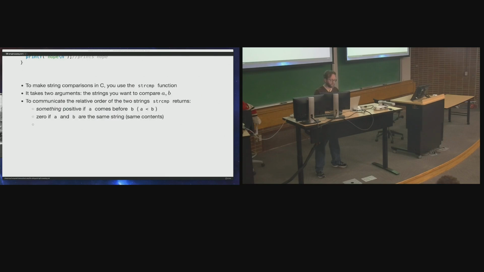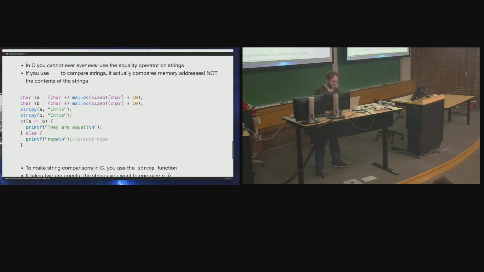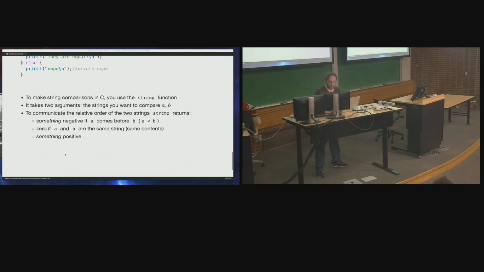And it returns something positive if B comes before A. Or another way of saying that is A comes after B. Or yet another way of saying that is A is greater than B, conceptually.